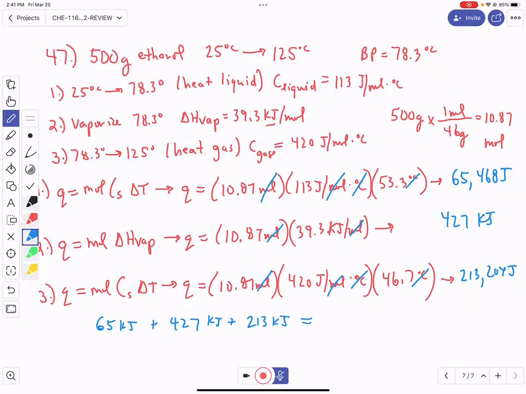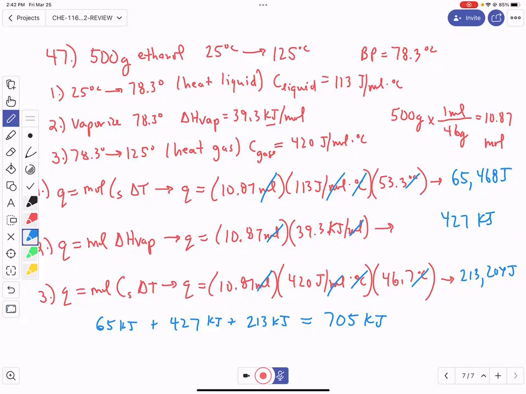Add all those together. Overall, we're going to get like 705 kilojoules of energy required to heat the ethanol from 25 degrees to the boiling point, boil the ethanol, turn it from a liquid into a gas, and then heat that gas from the boiling point up to 125 degrees Celsius.